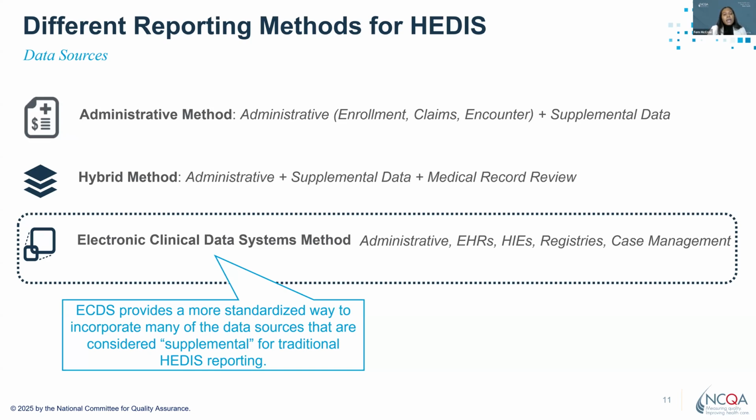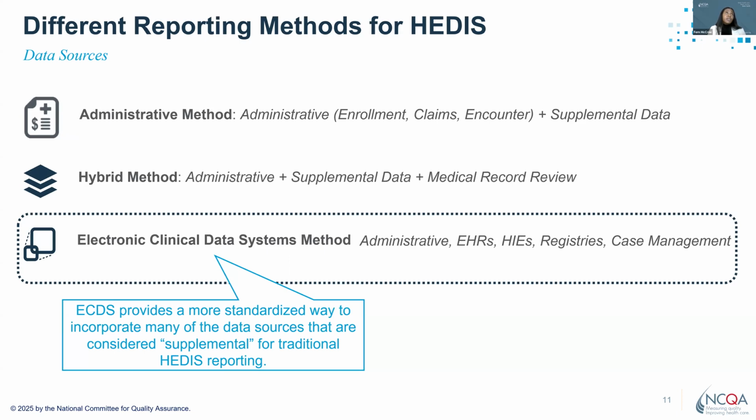And so we did want to spend a little time really talking through some of those differences, and also call out places where there are no differences, because there are also some consistency and some things that have not changed between those reporting methods. First, we want to start with the data sources themselves. So here listed on the slide are the 3 reporting methods, the administrative method, the hybrid method, and of course the ECDS method.